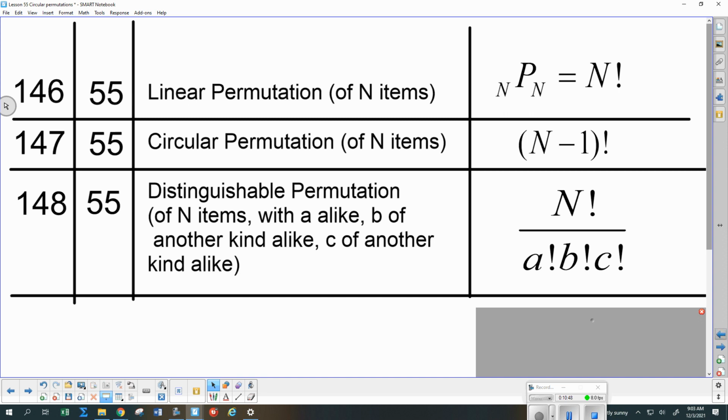So if you have something that repeats and you have a of them, you put an a factorial in the denominator. If you have something different that repeats and you have b of those, you put a b factorial in the denominator. If you have still something different that repeats and you have c of those, you put a c factorial in the denominator.